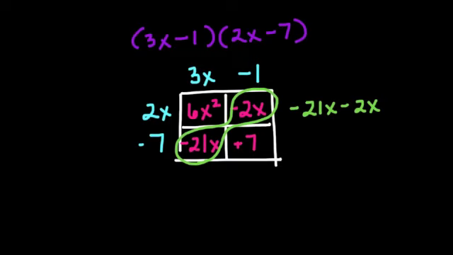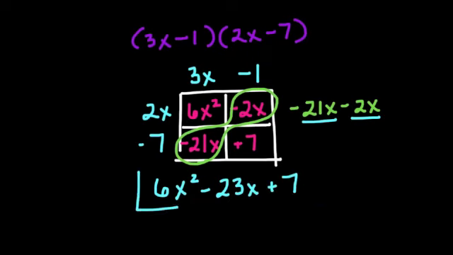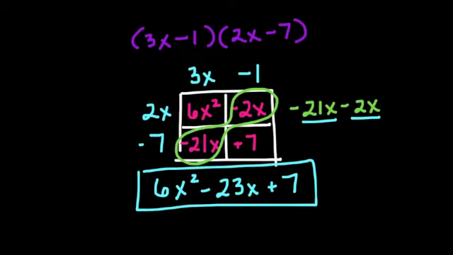So this becomes a trinomial, a three-termed expression: 6x squared. Negative 21x minus 2x is going to give me negative 23x. And then I bring down the plus 7. This would be the final answer here. Anytime that we're multiplying a binomial times another binomial, we're going to end up with a trinomial, essentially a three-term expression. So this would be it here, 6x squared minus 23x plus 7.